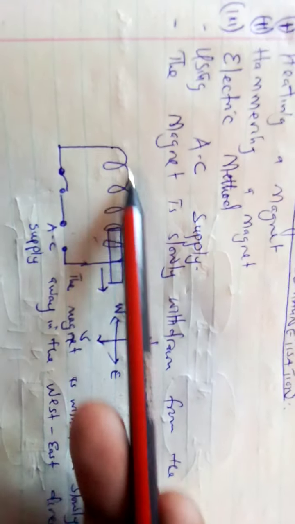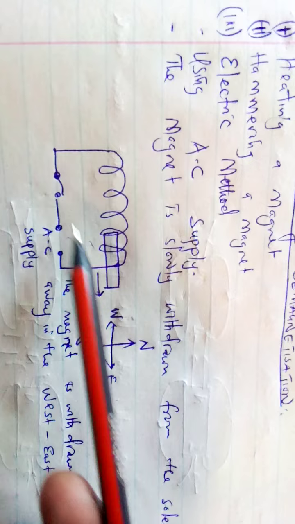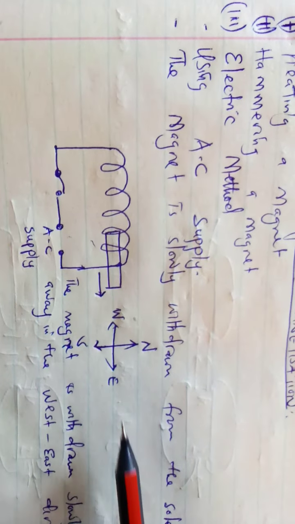After allowing the AC to pass through a magnet, you remove it. Now the direction must be west-east. As you are moving it far away from the circuit here, it loses its magnetism. So these are the ways of magnetizing and demagnetizing a magnet.